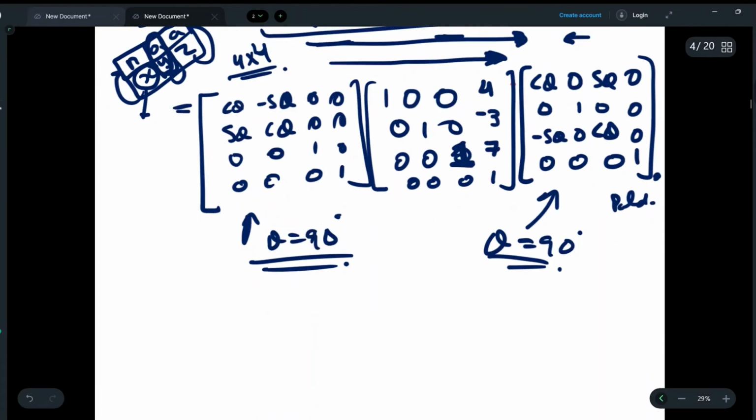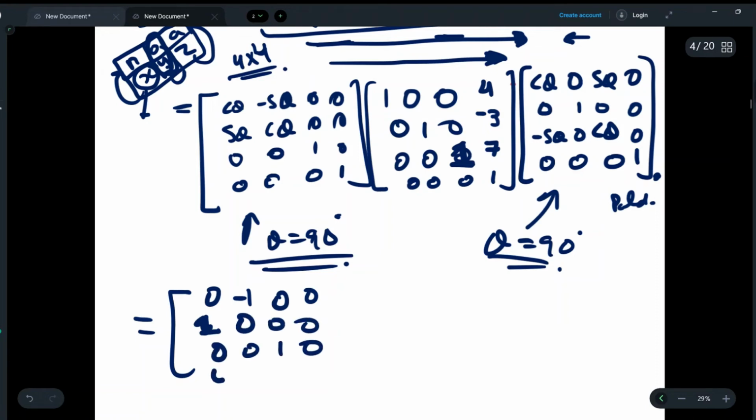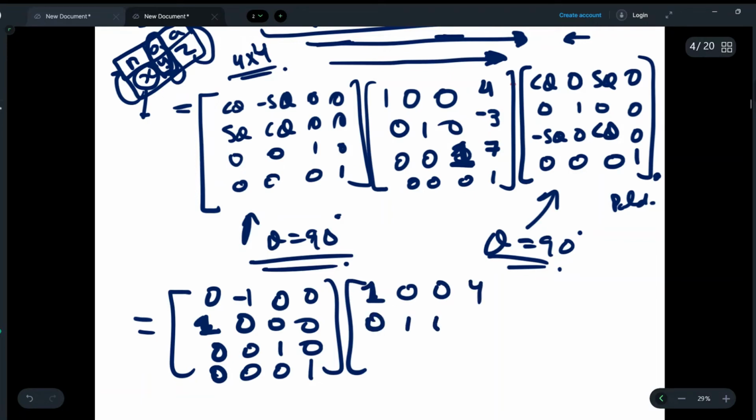Now on putting the values of theta as 90, you will get 0, minus 1, 0, 0, 1, 0, 0, 0, 0, 0, 1, 0, 0, 0, 0, 1. Now this will be written as it is, that is 1, 0, 0, 4, 0, 1, 0, minus 3, and 0, 0, 1, 7, 0, 0, 0, 1.